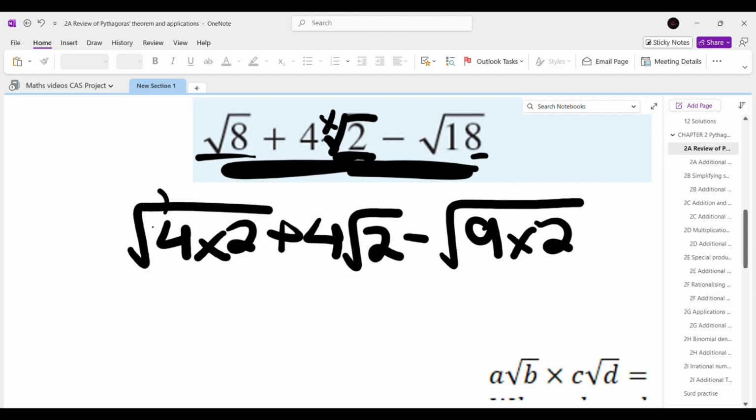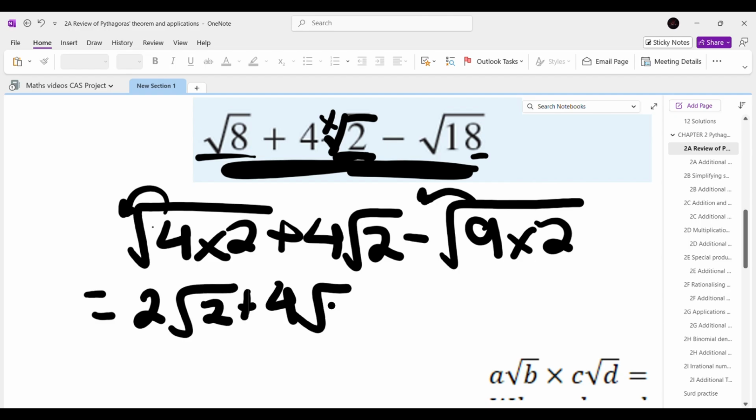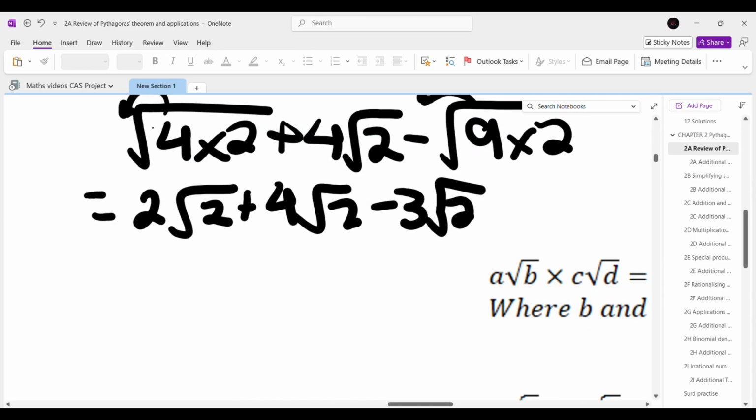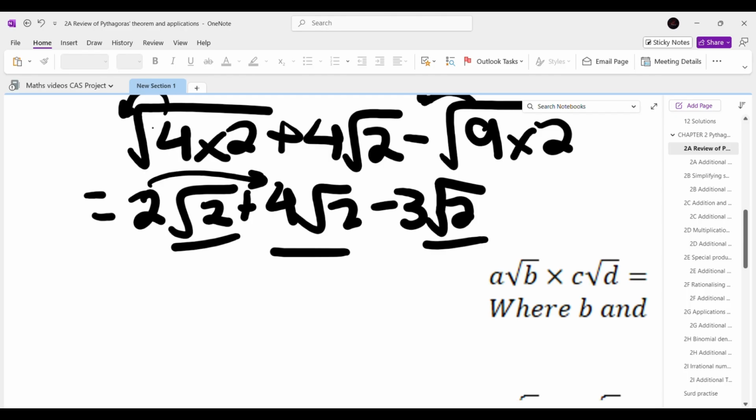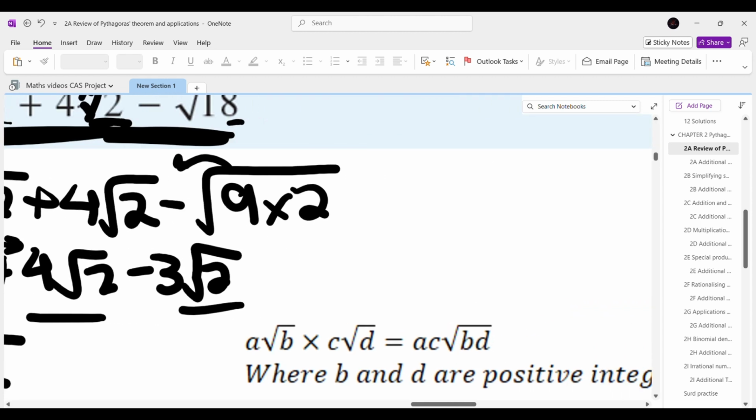And now we can take these perfect squares out. So it becomes 2 root 2 plus 4 root 2 minus 3 root 2. Now that they all have root 2 as the value, we can add them together. So 2 root 2 plus 4 is 6 root 2, minus 3. Your final answer is 3 root 2.